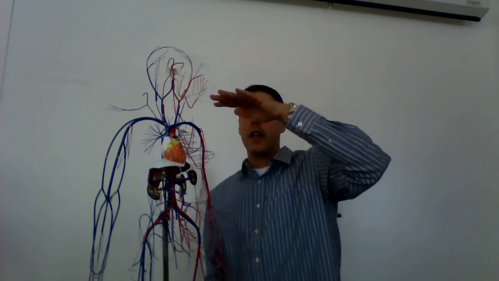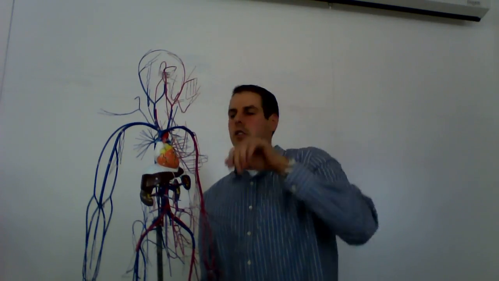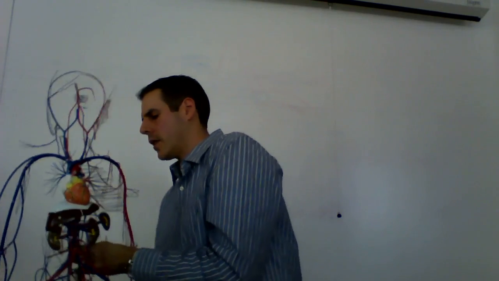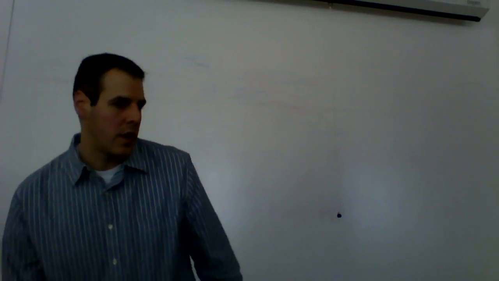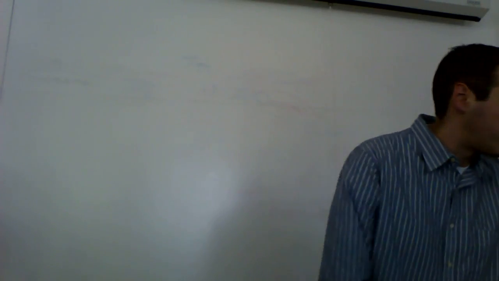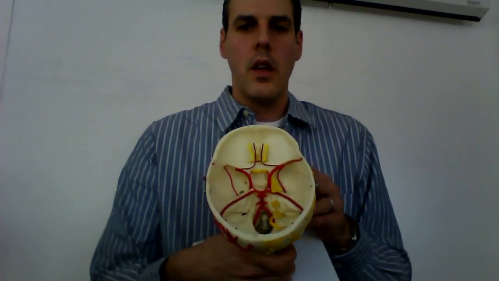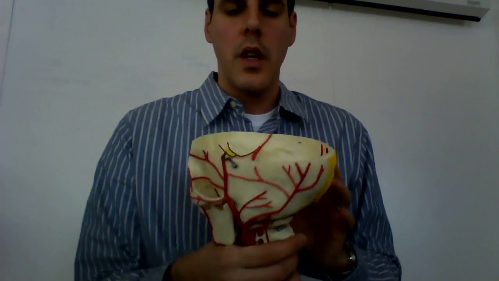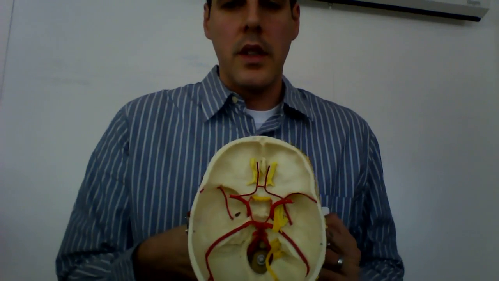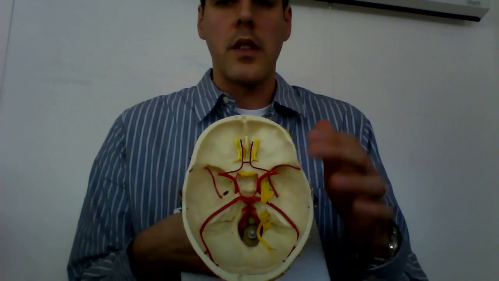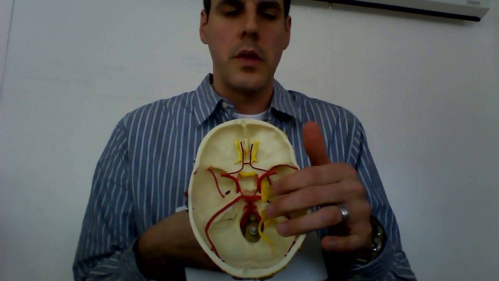Typically the head and neck gets a little iffy here. So what we have is a good model of all your vessels of the, here are the arteries, and then you can definitely see in here the circle of Willis very nicely. So for circle of Willis, we'll use this.